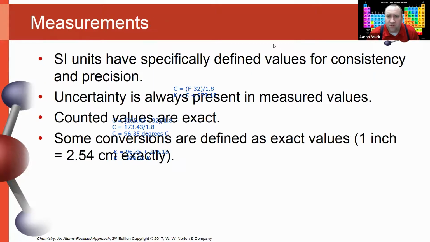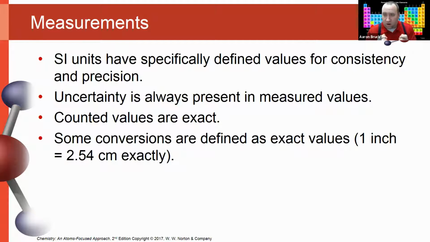Let's move on though and talk about measurement. Now when it comes to measurement, every unit system out there has certain defined values associated with them. The SI system is no different. There are specific things that make up the definition for what a meter is, what a second is, what you name it.